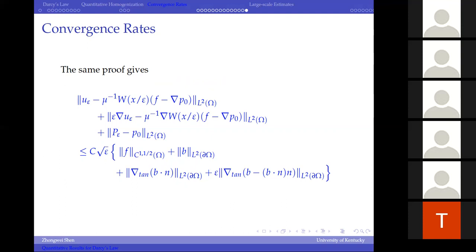Could you explain where you used the C1,1/2 condition on it? Well, it's coming from the regularity requirement for P0.